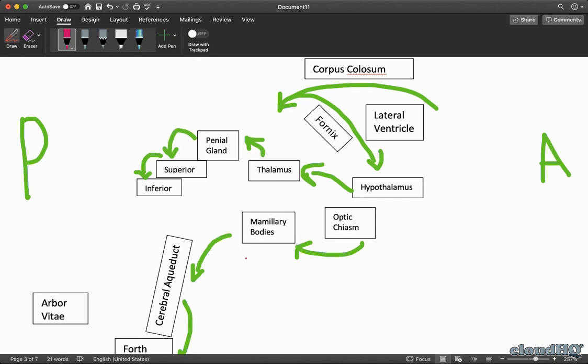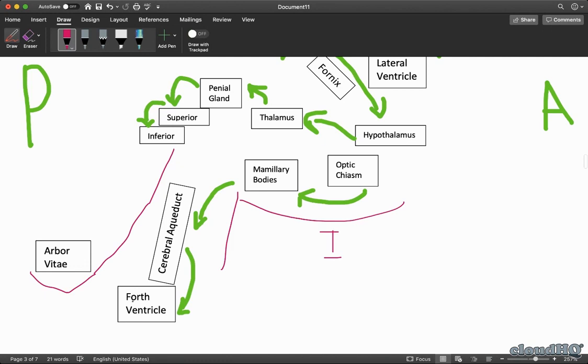On the underside of the brain, okay, because this is inferior, you have the optic chiasm that goes into the mammillary body. Okay, now the brainstem would be about here, and the cerebellum would be about here. Okay, in between the brainstem and the cerebellum, you have the cerebral aqueduct, which drops into the fourth ventricle.